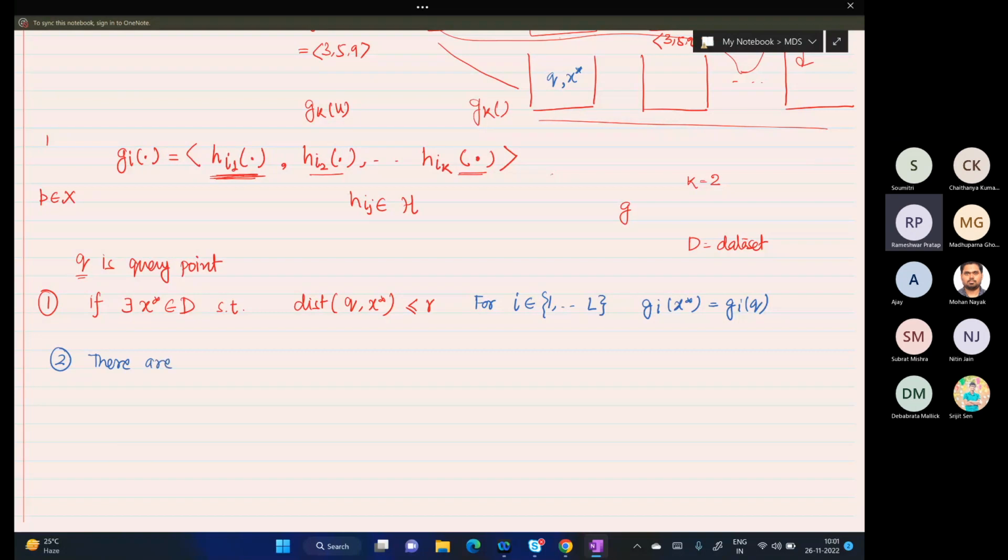So there are at most 4L points, say x belongs to D, with distance(q, x) more than C times R, such that for some i, g_i(x) is equal to g_i(q).